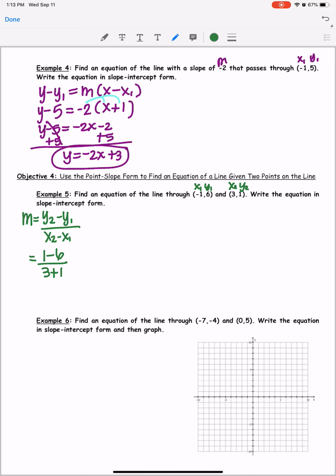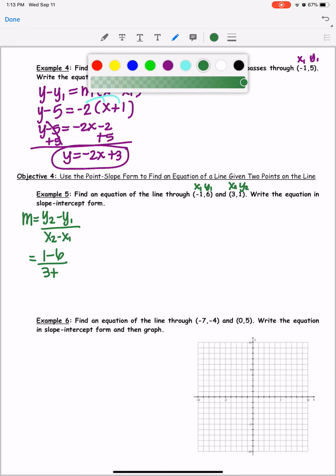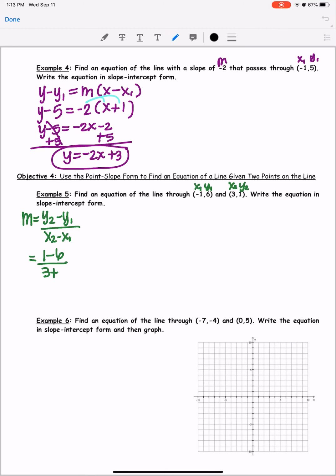Oh, guys, I'm really sorry about this. This isn't going to come out evenly. I did this on your paper, so your note should say the right thing. This right here should be a -2.